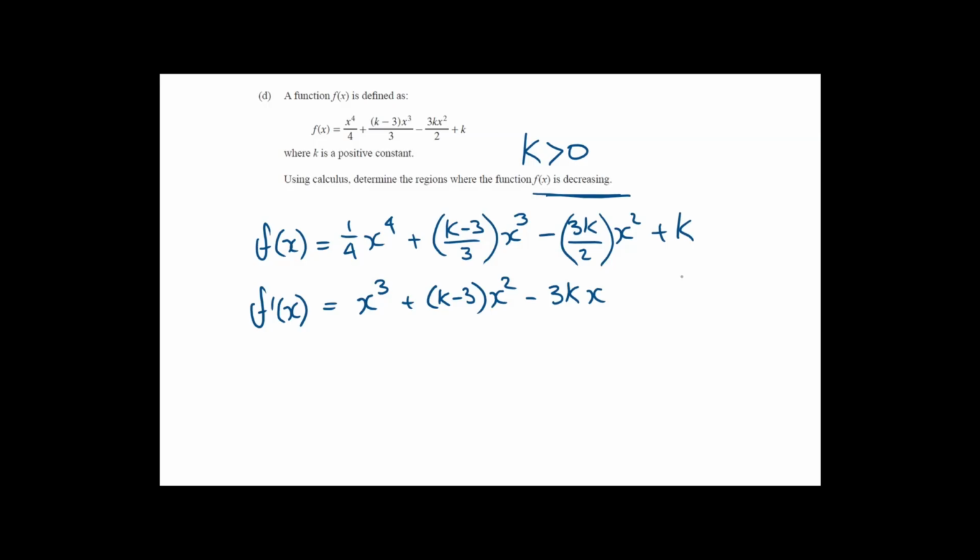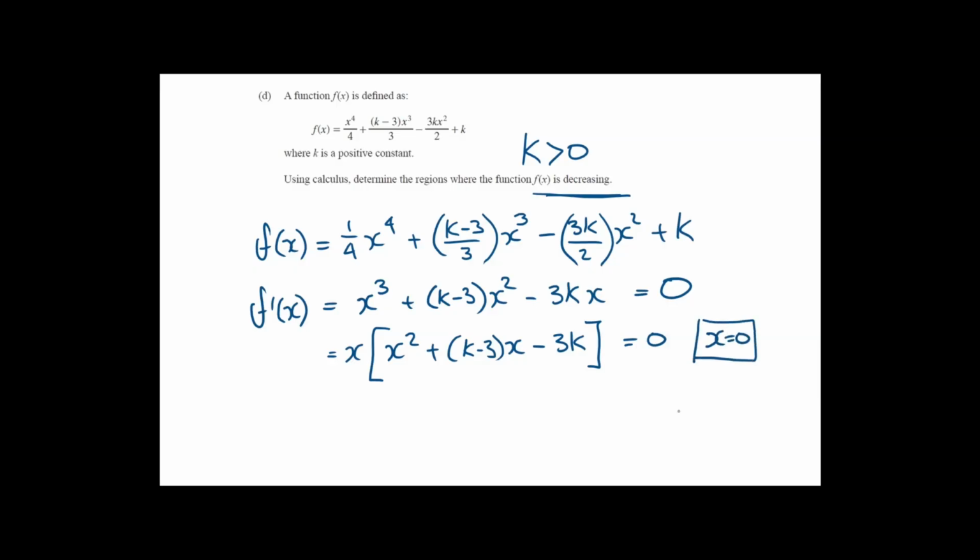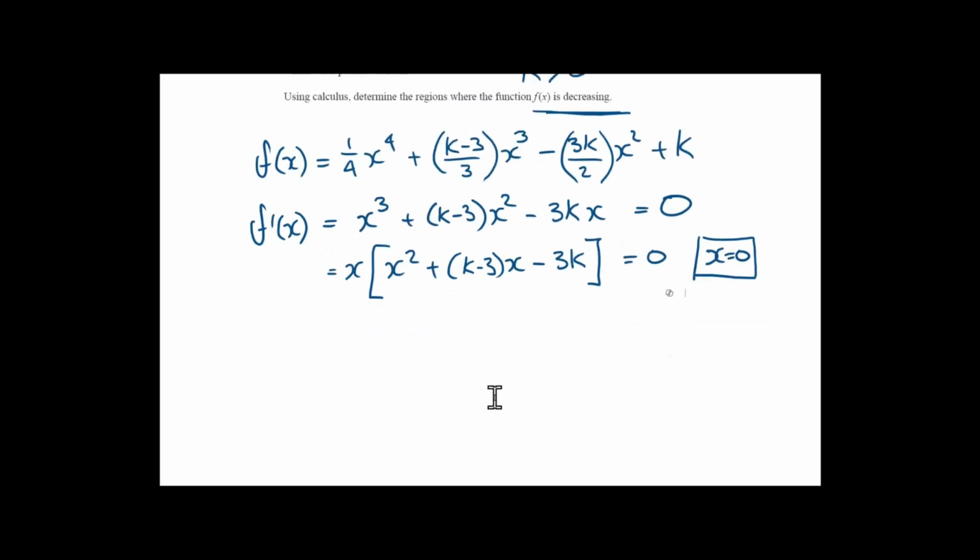Okay, so we want to find the turning points, so we're going to set that equal to 0 and solve. And I can see one solution straight away. These all have x as a factor, so I'm going to factor out the x. So I know that x equals 0 is one of my solutions. Now I want to factorize this thing that's in the square brackets.